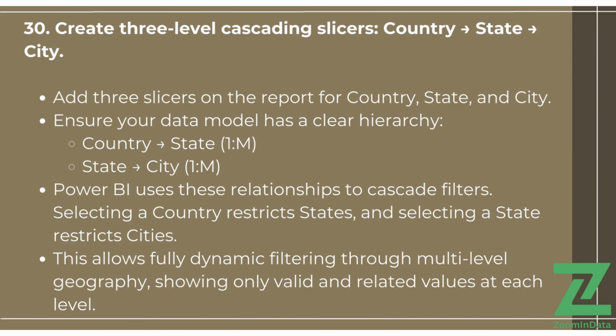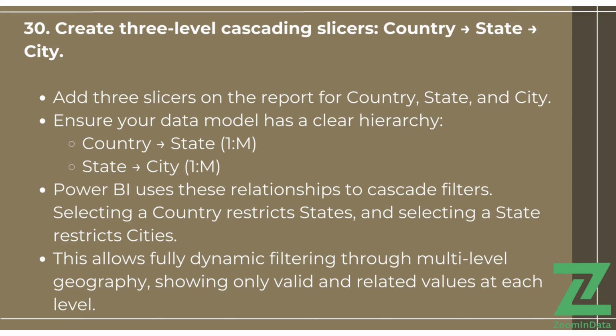30th question. Create 3-level cascading slicers. Country leads to state leads to city. Add 3 slicers on the report for country, state, and city. Ensure your data model has a clear hierarchy. Country leads to state, one-to-many.